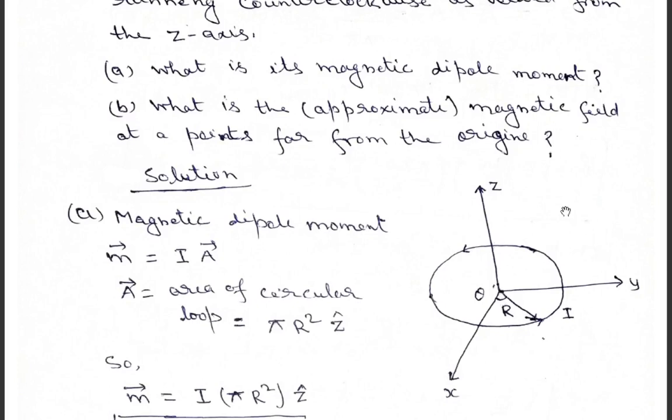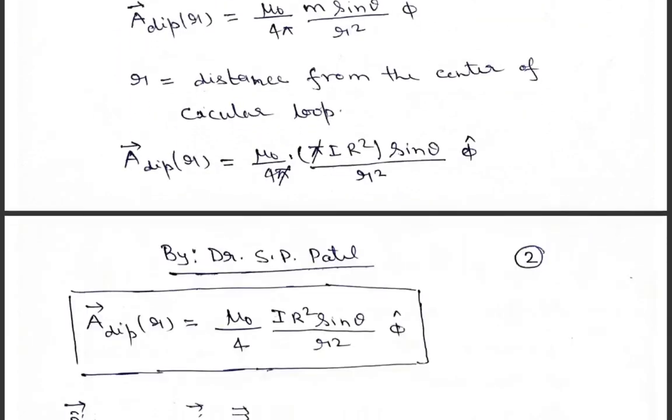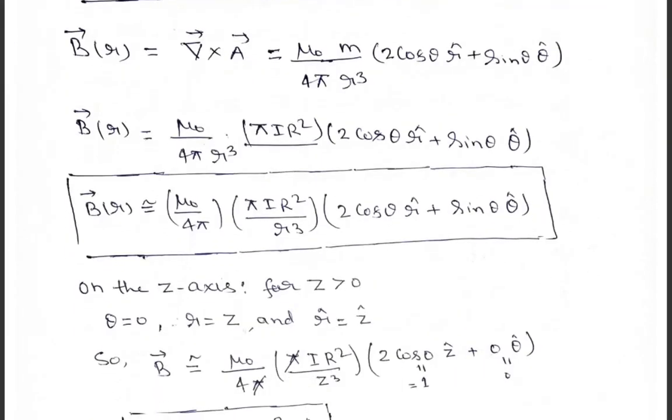If z is greater than 0, we have to substitute the value of θ. So for the z axis, if z is greater than 0, that means θ is equal to 0, at the center of the circular loop, at r equal to some z distance.